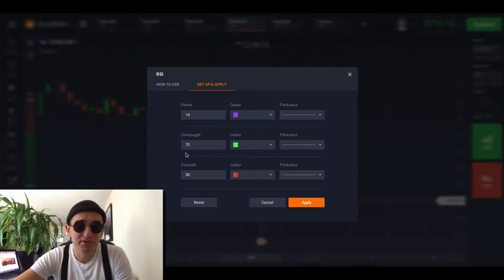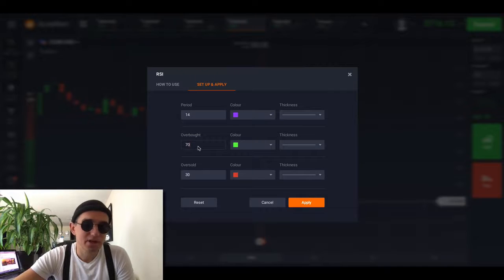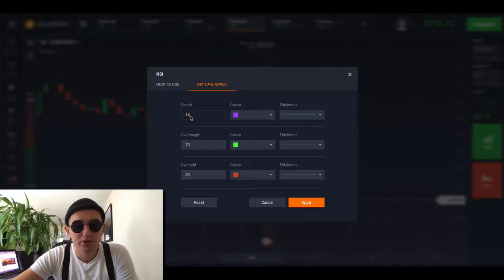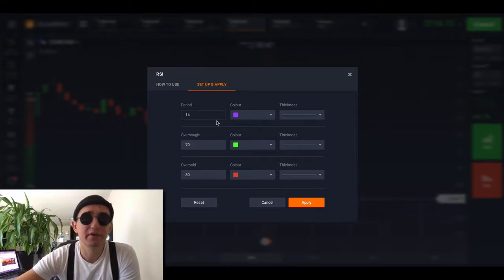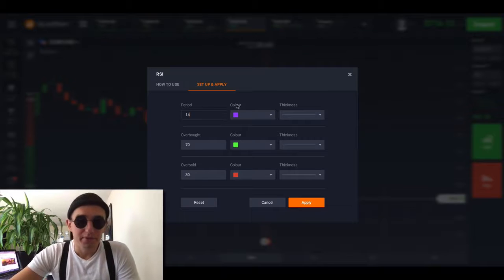The result is interpreted based on the 70 and 30 levels, and these are the standard levels. Sometimes I do switch to 75 and 25 just to be on the safe side. If you want your graph to be more sensitive, you can go lower than 14, and if you go higher than 14, then your graph will be flat.